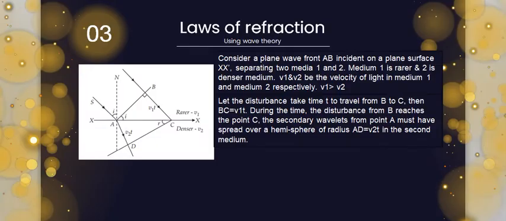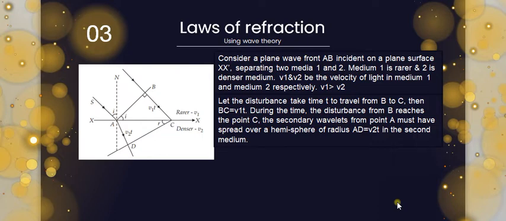We are going to discuss the laws of refraction using wave theory. Earlier in junior classes we learned that the laws of refraction state that the incident ray, refracted ray and normal all lie in the same plane, and the second law is that the ratio of sine of angle of incidence to the sine of angle of refraction is constant, that is the refractive index.